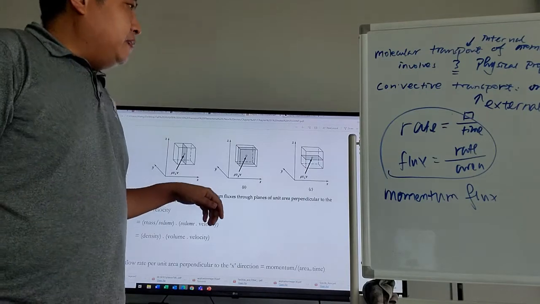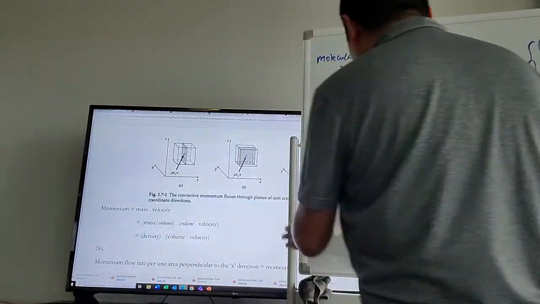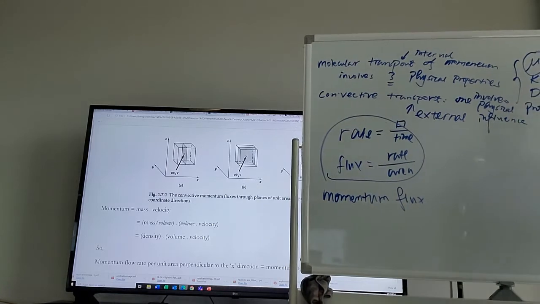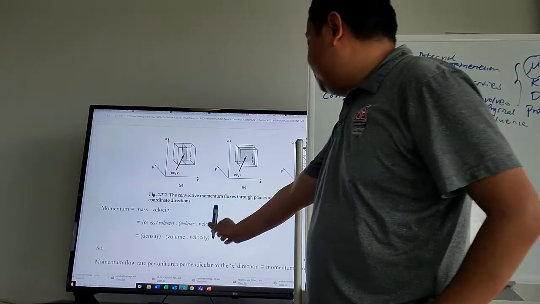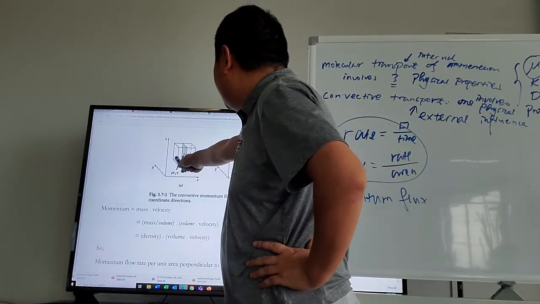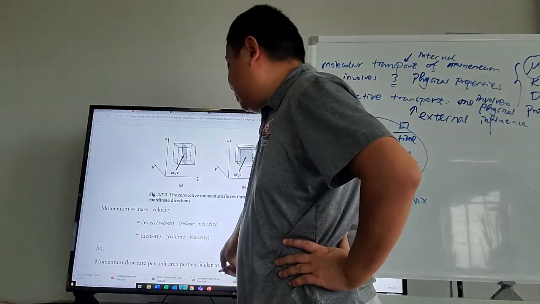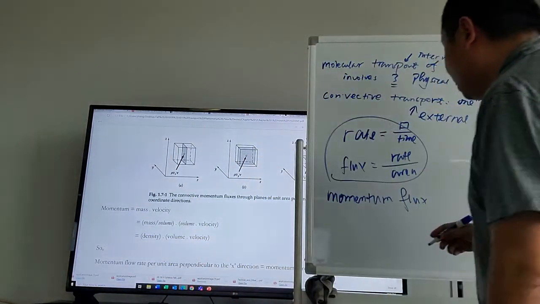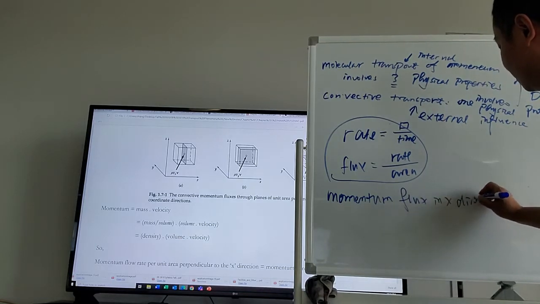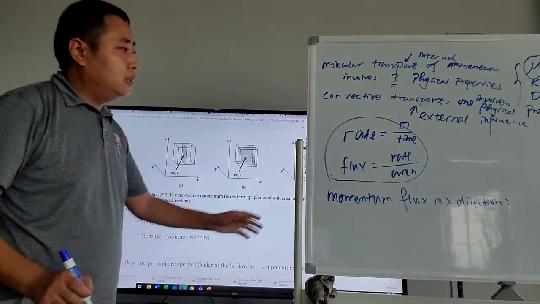So then, if we write the equation, for this case we are talking about the momentum flux related to the area perpendicular to x direction. So basically, we are talking about momentum flux in x direction.